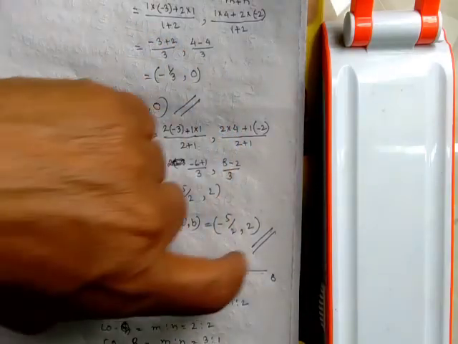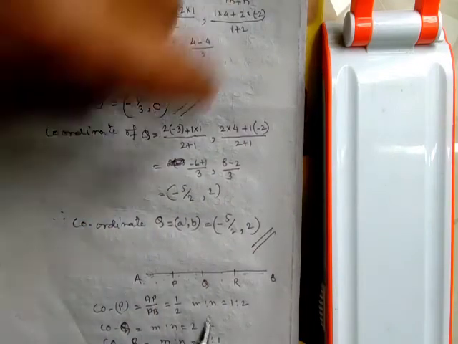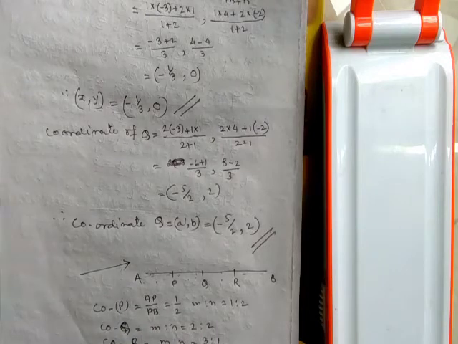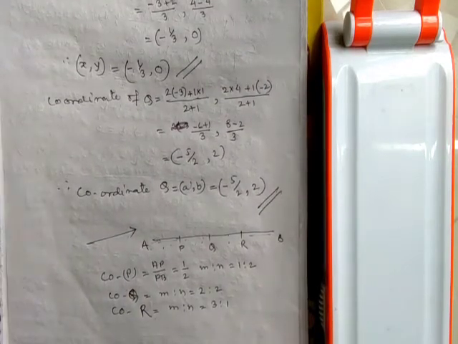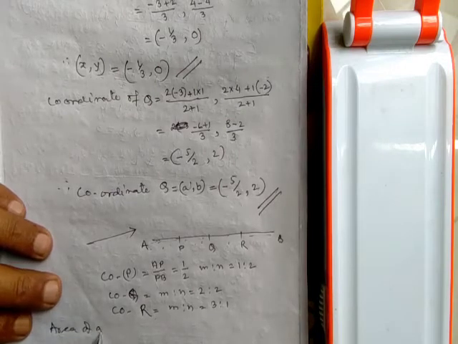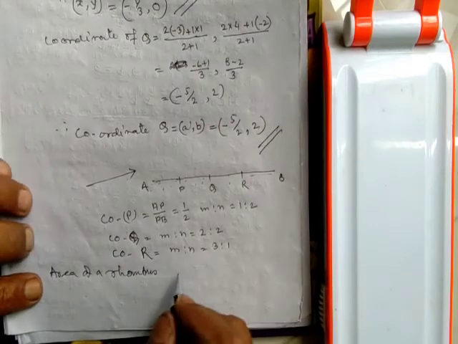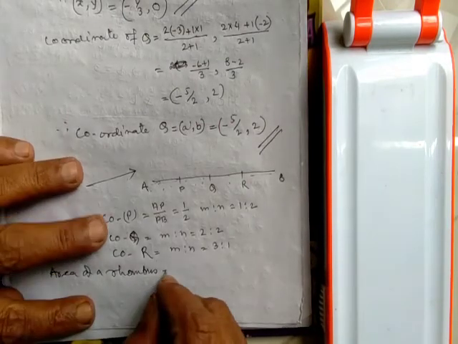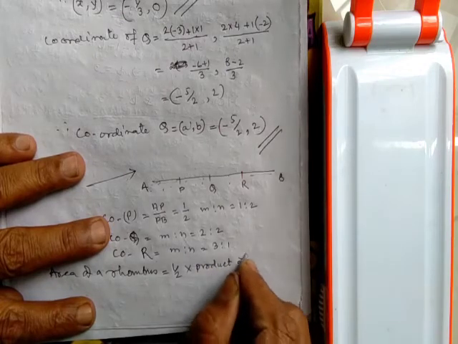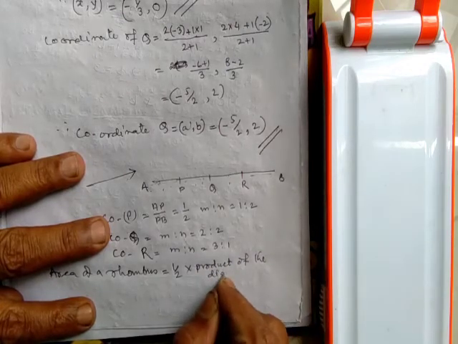That way you can find out if they are asking for a trisect, or if a 4-times division, you can find it like this. Next I want to tell you, if you are asked to find the area of a rhombus, this is the formula: half into the product of the diagonals.